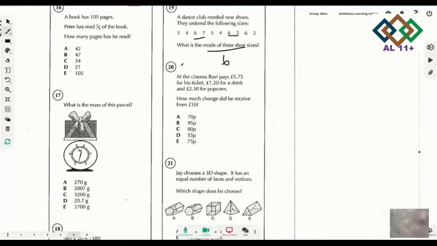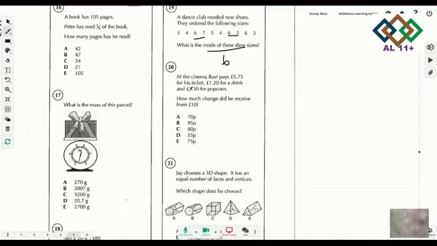Number 20, at the cinema, Ravi pays £5.75 for his ticket, £1.20 for a drink, and £2.30 for popcorn. How much change does he receive from £10? You need to calculate how much he receives from £10. To find the cost, we just need to add all these up.